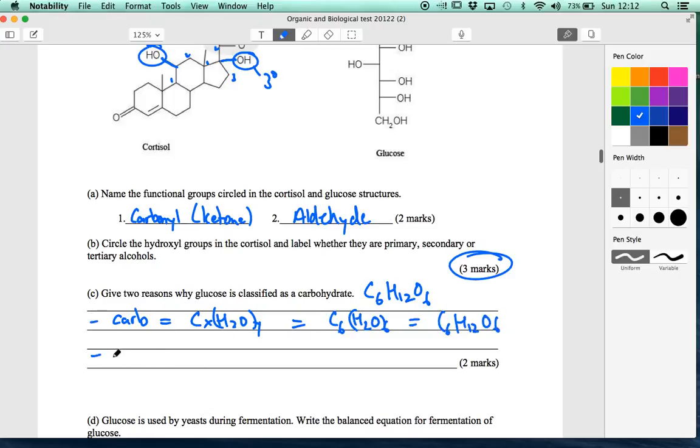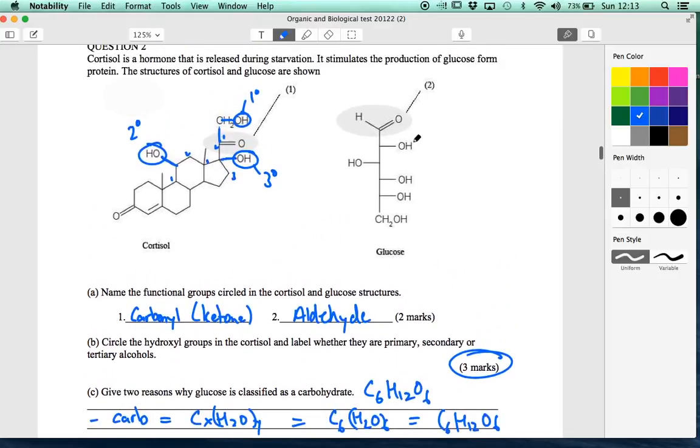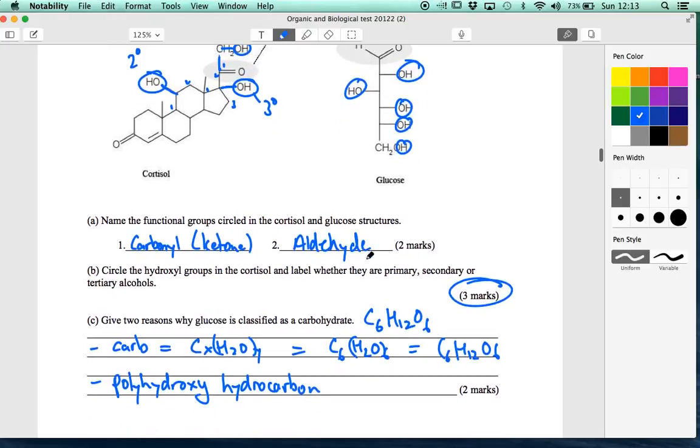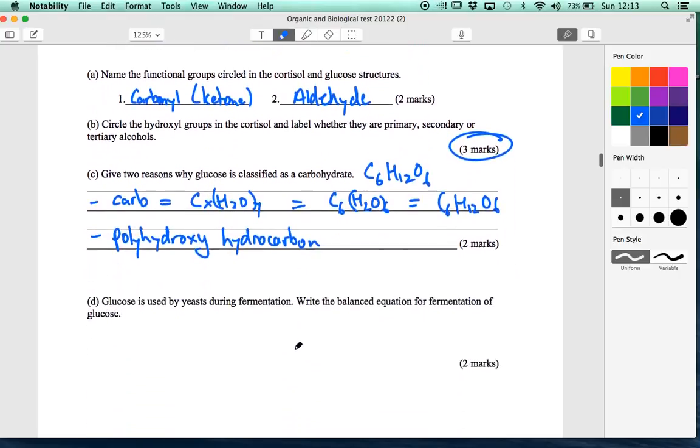The other way is that a carbohydrate is a polyhydroxy hydrocarbon, which glucose is. Polyhydroxy means many hydroxyl groups, so 1, 2, 3, 4, 5 there. So they're the two reasons why.